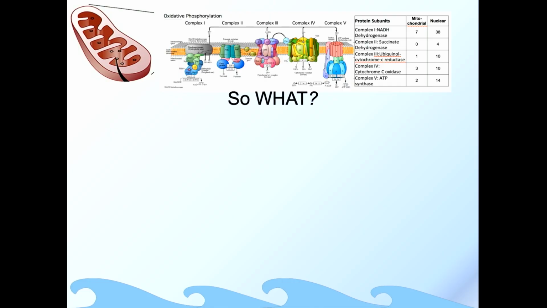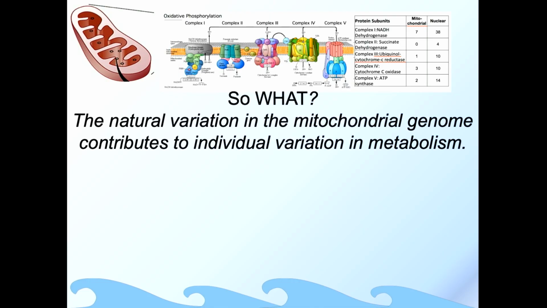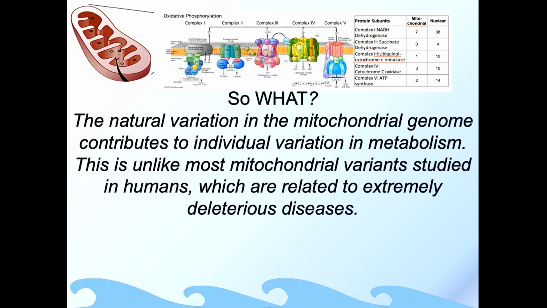So what? The natural variation in mitochondrial genomes contributes to individual metabolism. We are different, partially because we have different mitochondria from our mothers. This is unlike most mitochondrial variants studied in humans. When we look at mitochondrial variants in humans, we find inborn metabolic diseases, and we ask, is it the mitochondria?